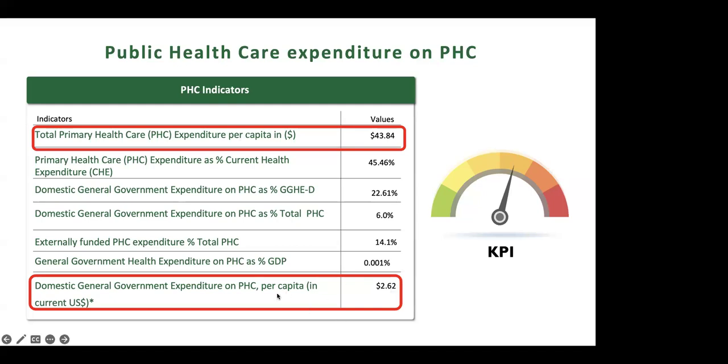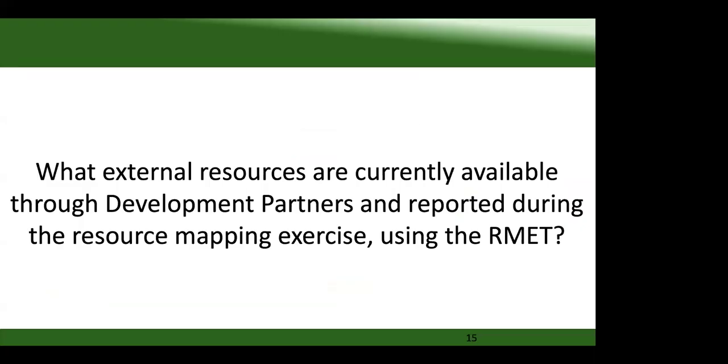So as a government, we're spending about $2.50 on each Nigerian per year domestically. This is what the minister refers to, and why when he mobilizes money, he speaks to this figure around the need to expand our sources of mobilizing resources.